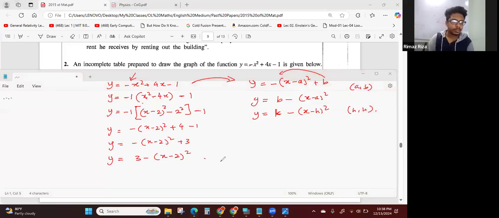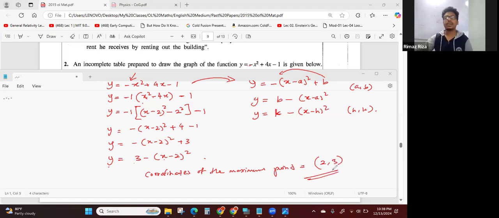So the coordinates of the maximum point: if we put x equals 2, this becomes 0. Therefore 2 comma, and when it becomes 0, y is equal to 3. Therefore the maximum value is 3. So 2 comma 3. Did you understand?